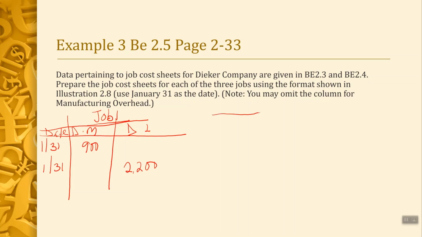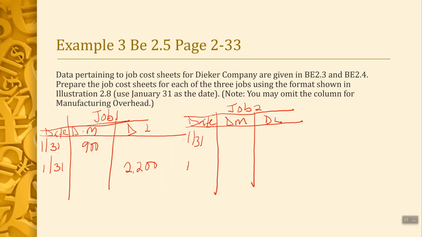Now we're gonna do for job 2 again. I plead with you guys, don't judge me for job 2. We have the date, direct material, and direct labor, and it's still gonna be 31st. Direct material is 1,002 for job 2, and for direct labor we had it to be 1,600. So each of these jobs, we now know how much we spent in total cost for direct material and direct labor.